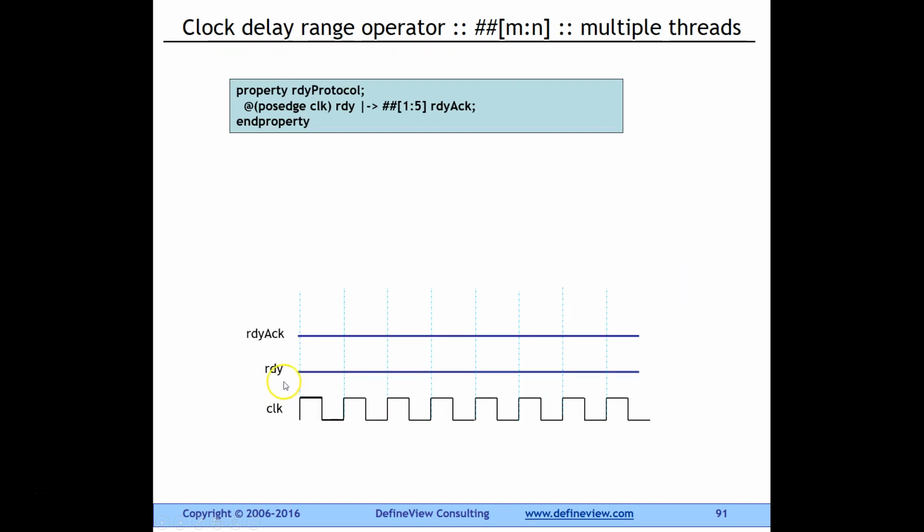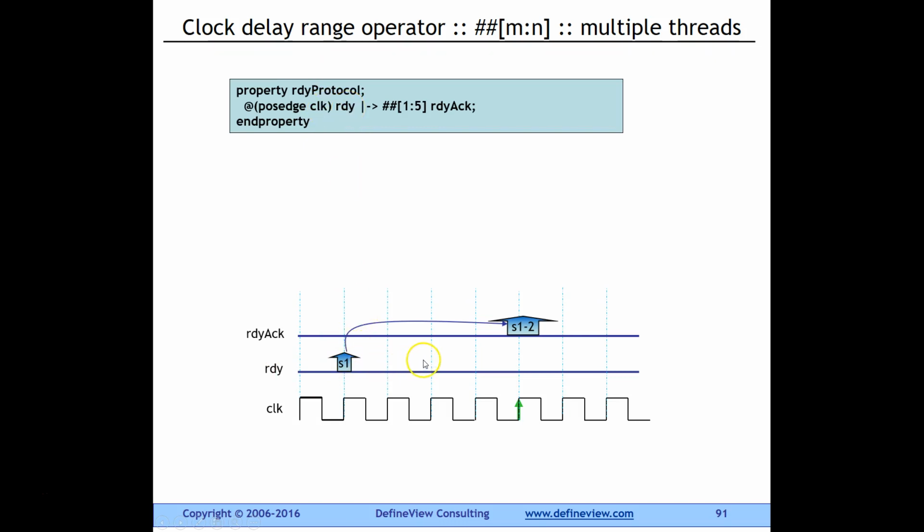You have clock, ready, and ready X. Now let's say that on this passage of clock, S1 is the name of the thread, for example. At this passage of clock, ready is high, as required here. Ready is high.